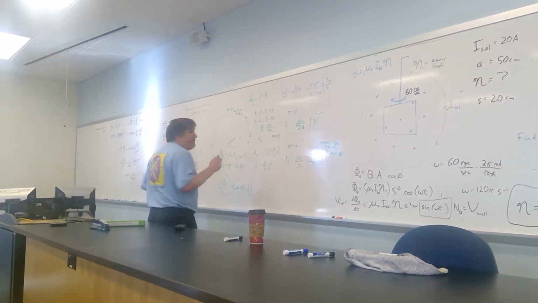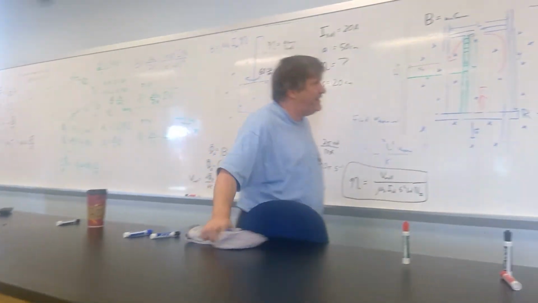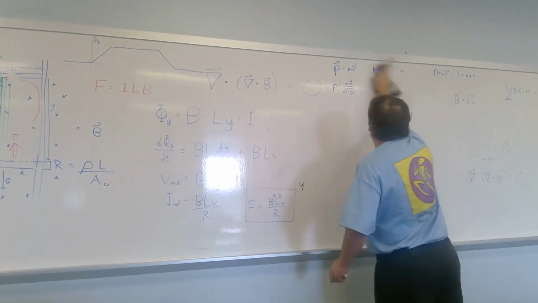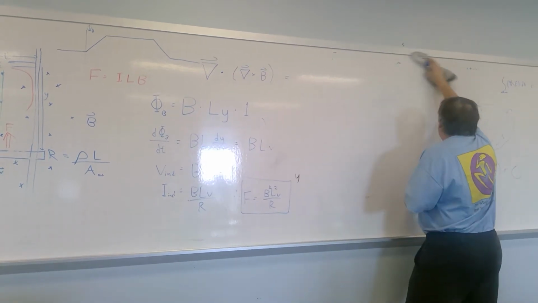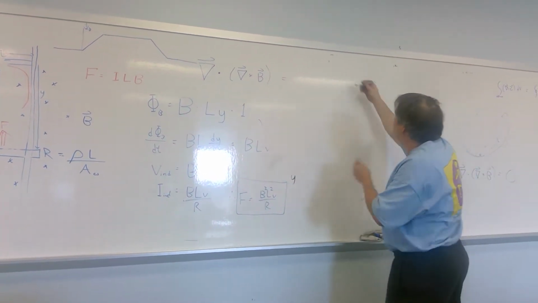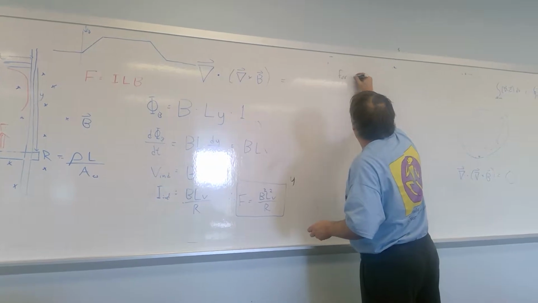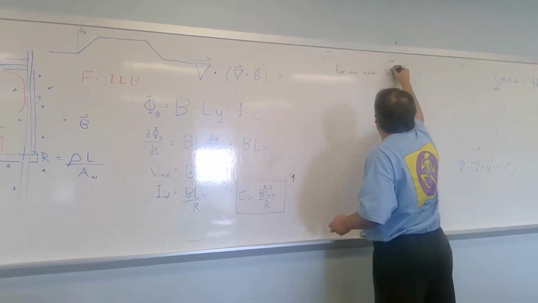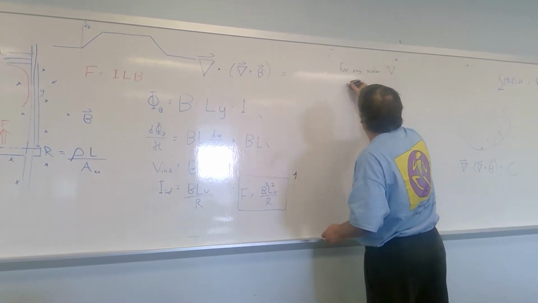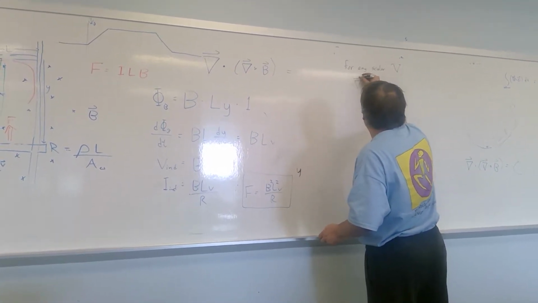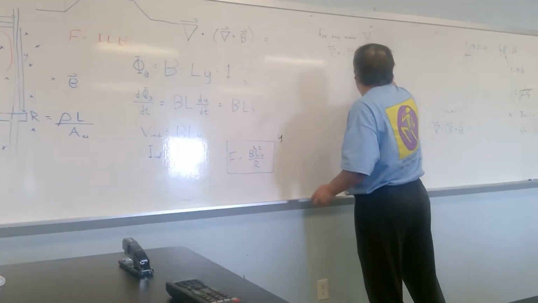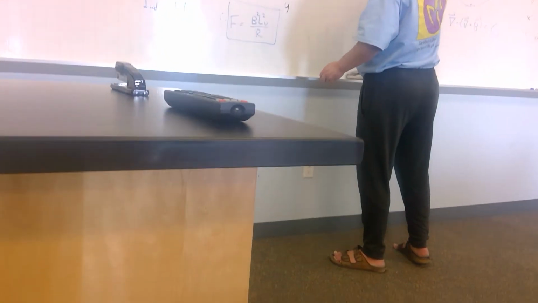Well, the thing that's wrong is this. For any scalar field like voltage, I'll just call it V, the curl of the gradient of V is always zero.